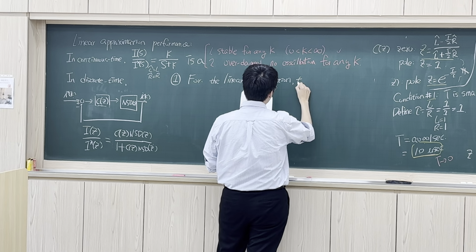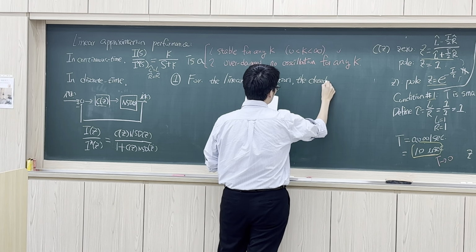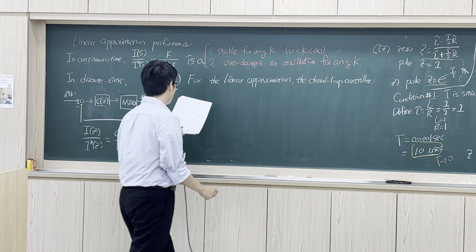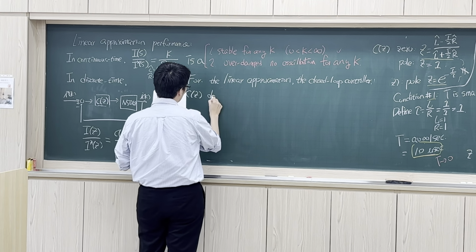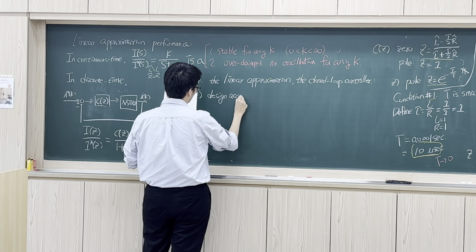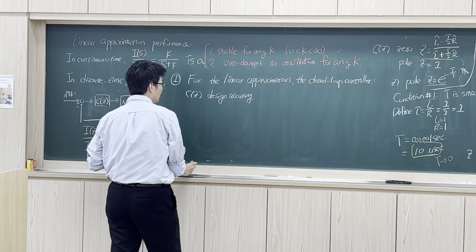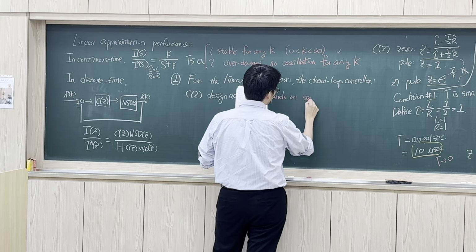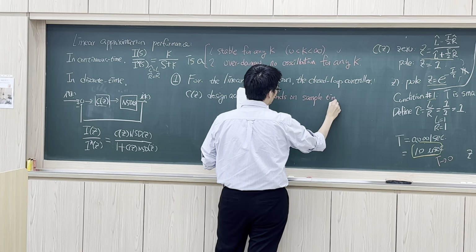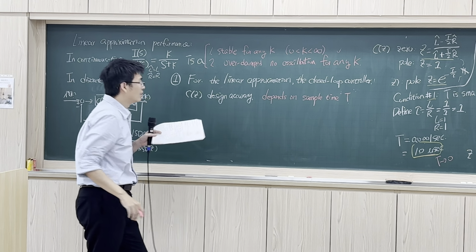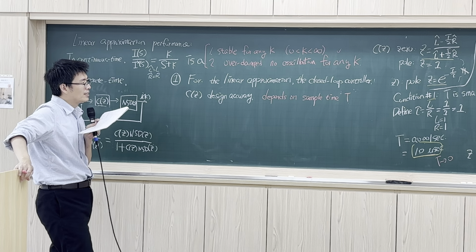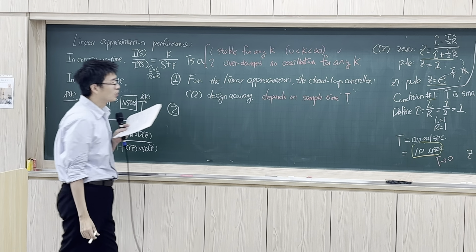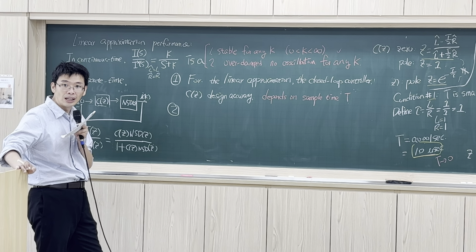And eventually, our resulting closed loop controller, based on this approximation, the design accuracy depends on our sample time, our digital interface T. So how do we make sure our approximation performance can be close to continuous time?